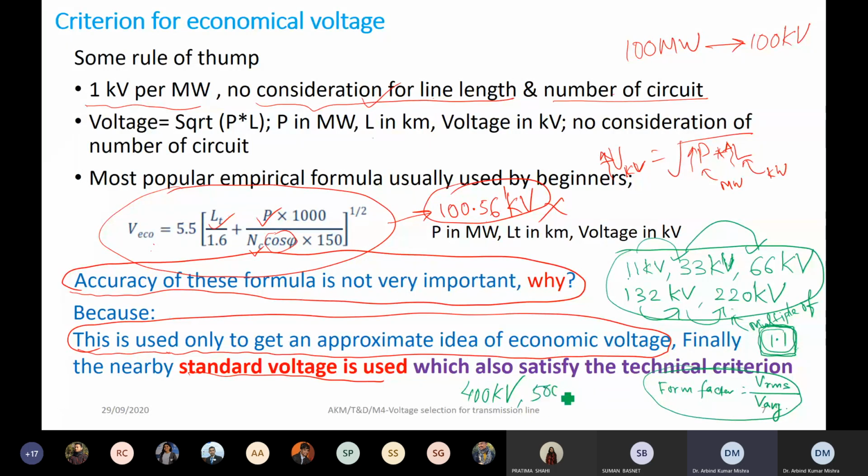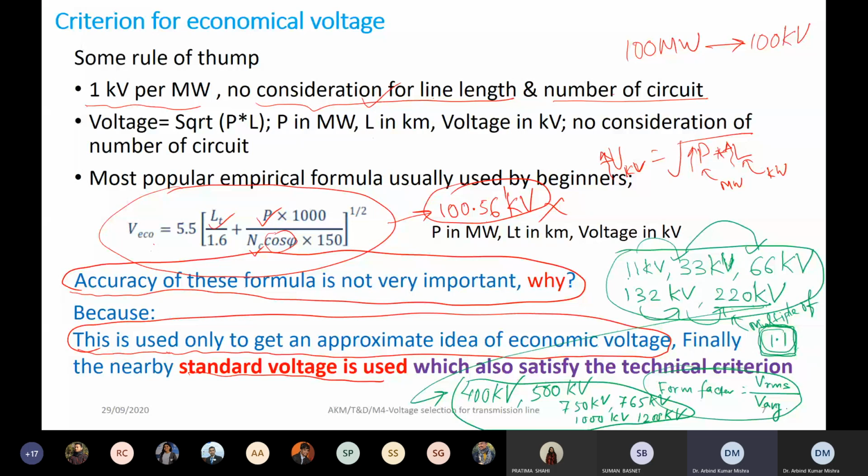Others adopt 750 kV, 765 kV, or even 1000 kV or 1200 kV. The maximum voltage till date is 1200 kV. So above 220 kV, this rule is not there, and there is no need to go for multiples of 1.1. This is the first part: why we should go for the standard voltage.